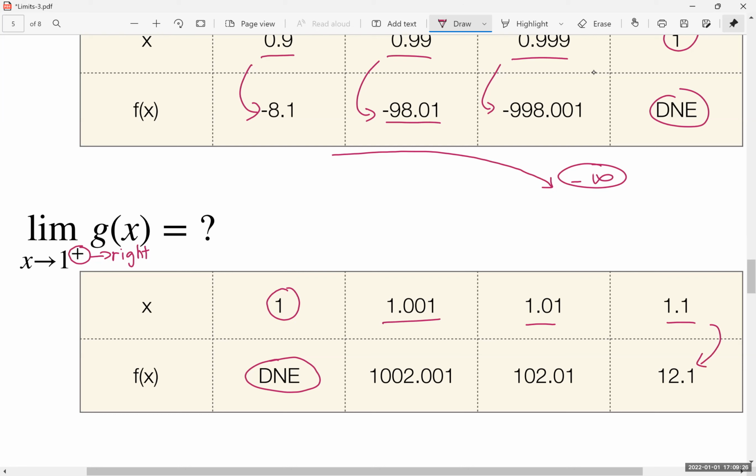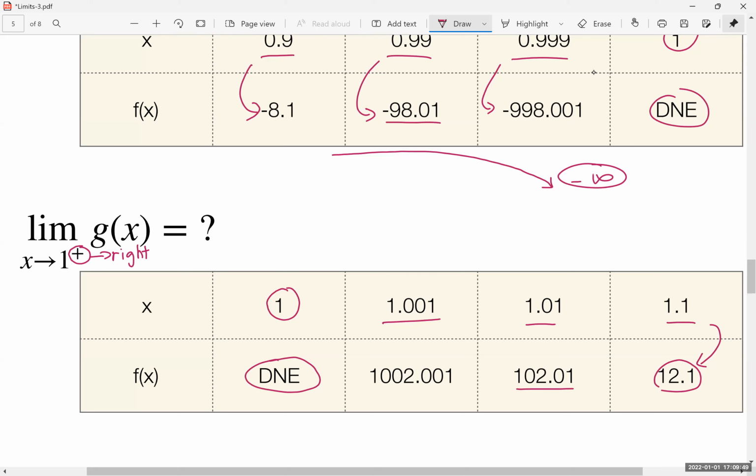So we start with 12.1. And then we go a little closer, and the function value increases to 102. And we go a little closer, and the function value increases to 1,002.